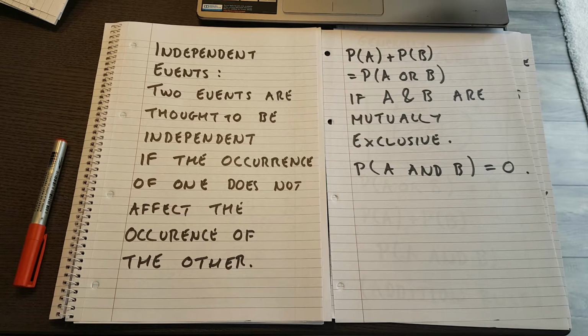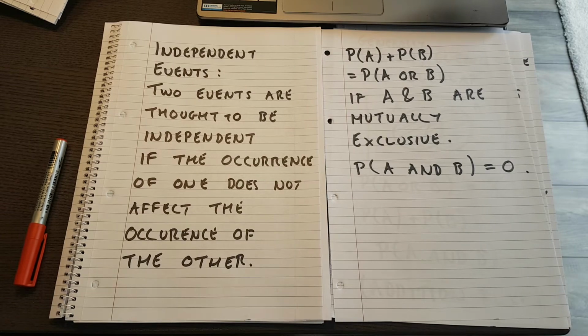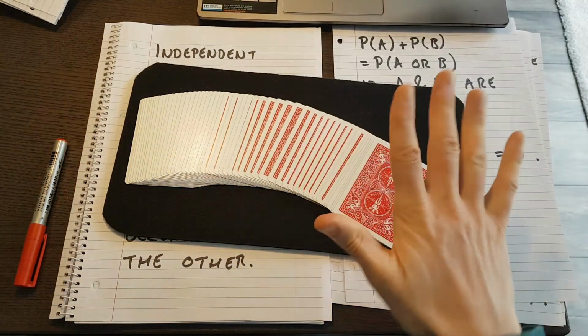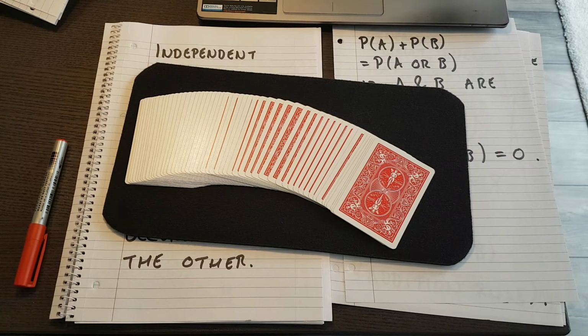Another example would be, say, that I decided to draw a card from a pack here, and then I decided to flip a coin. So my experiment is to flip the coin and draw one card.